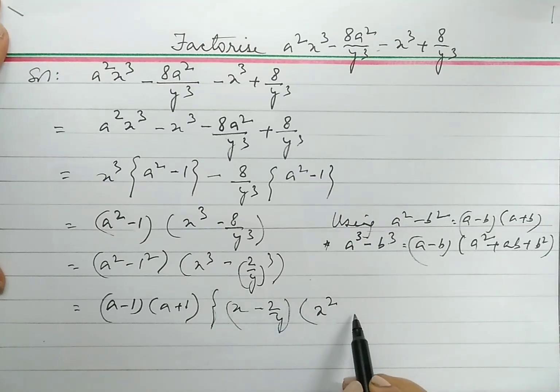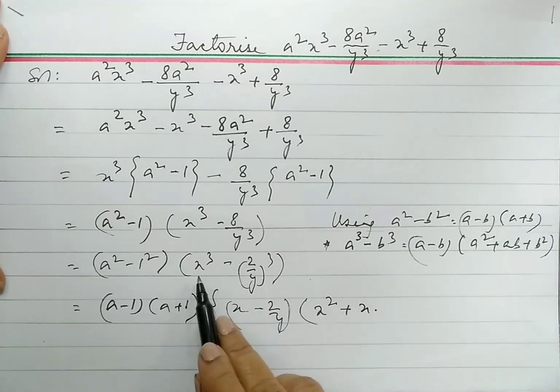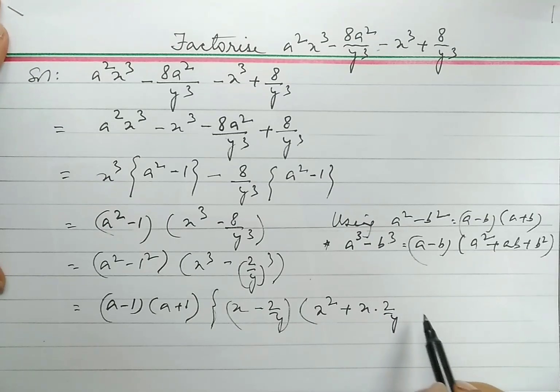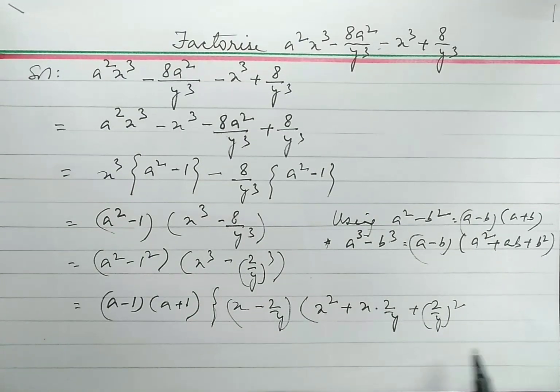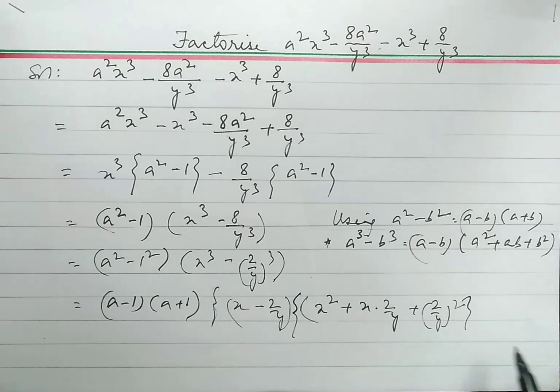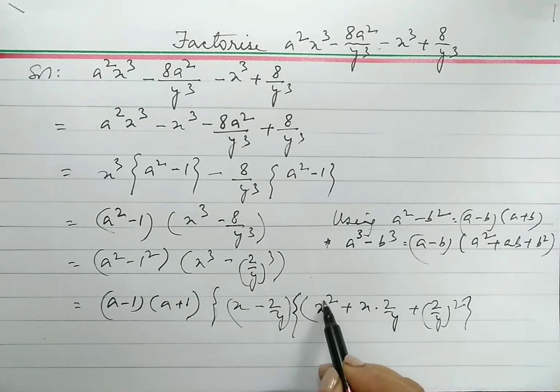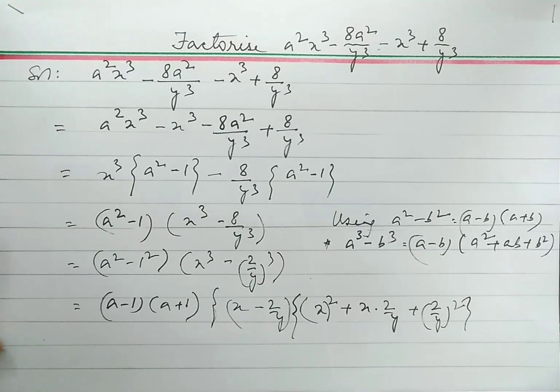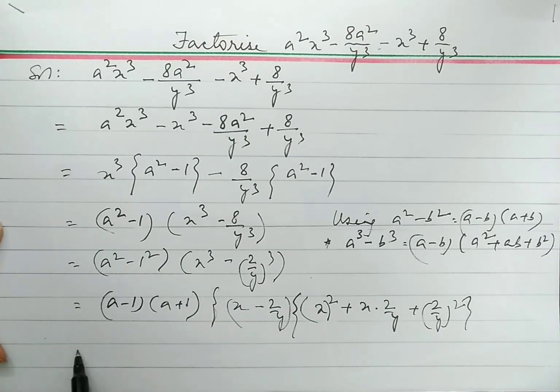And we have ab, so plus x dot, this is my a, and b is 2 upon y. And plus b square, which means 2 upon y whole square. Alright? So this is my curly bracket. If you want, you can just change this and make it this. X square. Now, what do we get out of here?